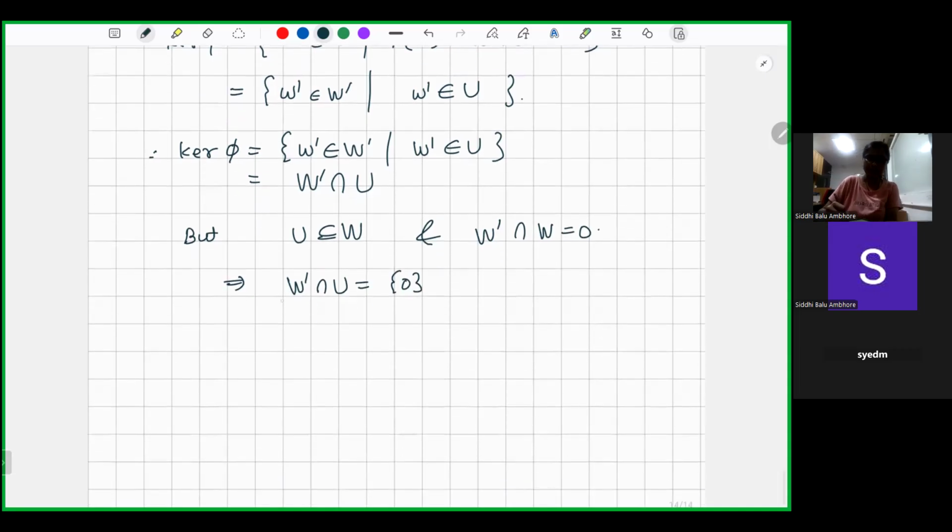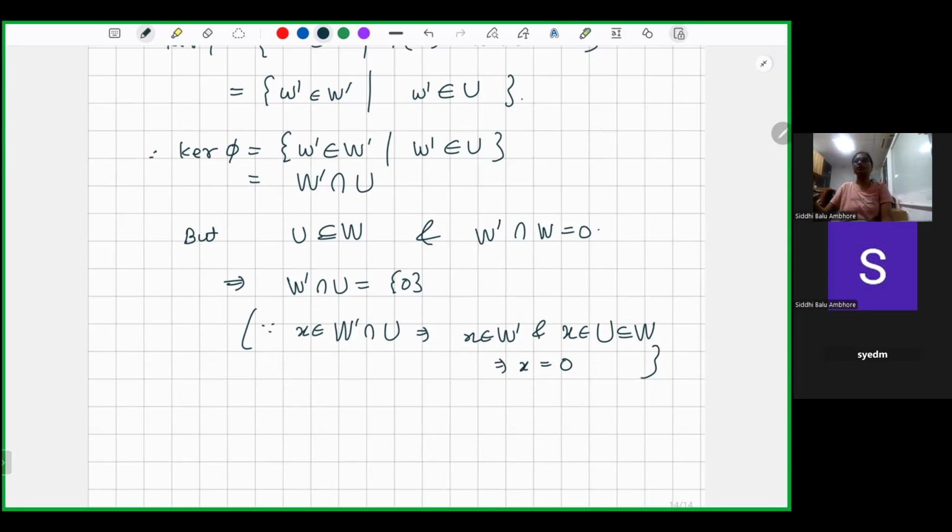Because if some element X belongs to W dash intersection U, then X belongs to W dash and X belongs to U, which is also a subset of W. Then this X has to be 0 because W intersection W dash is 0. So therefore whatever the kernel was, turned out to be 0.